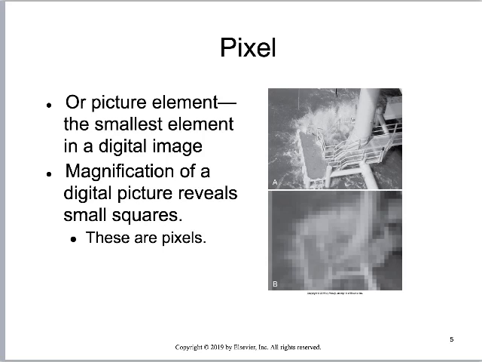Every part of the patient's body is going to be broken down into a tiny discrete little dot. It's actually a square. This is the smallest element of a digital image, a pixel. If we magnify this picture here, we can see the little pixels at the base of this, looks like an oil rig or something.